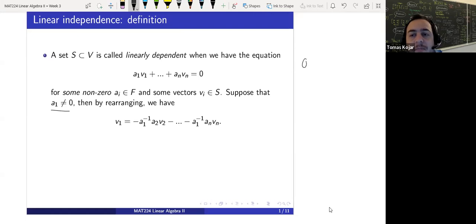So you move them to the other side: ak vk for k starting from 2 to n. And then you know that F has a multiplicative inverse, so you multiply by a1 inverse.